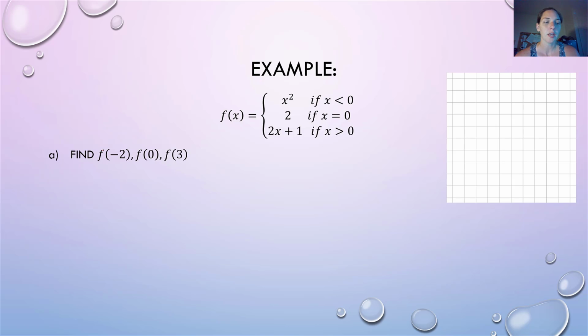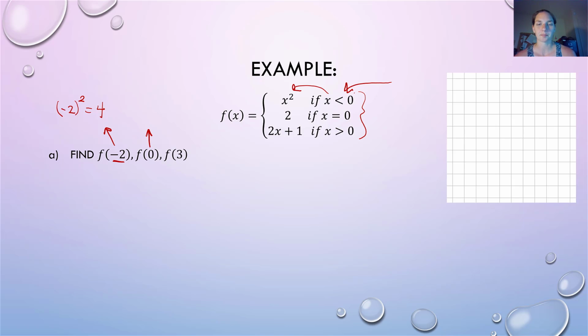F of -2 means we need to figure out where -2 goes into this. There's 3 here. -2 satisfies this x is less than 0, so we put it into here. So f of -2 becomes -2 squared, which equals 4.